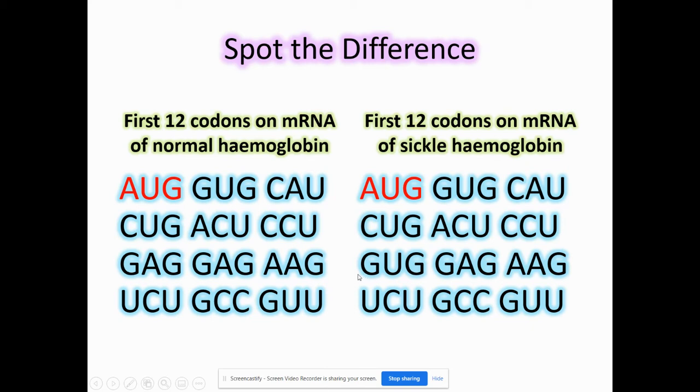Okay, so because the 7th triplet of bases on the DNA changed, that meant that the 7th triplet on the messenger RNA has changed, which means that the 7th anticodon of the tRNA will change. And so this starts to have a knock-on effect.